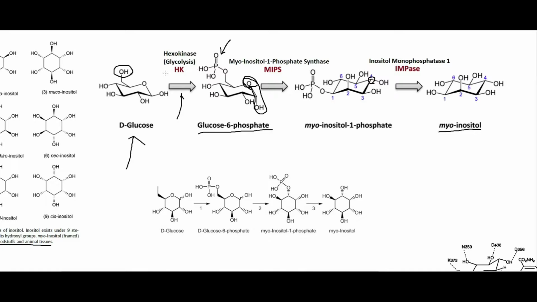And so this putting on and removing of phosphates, I'm not going to go through too much, but I do want to talk about this myo-inositol 1-phosphate synthase mechanism, because that one is a little bit more interesting, taking this oxygen out of the ring structure there. And so here on the left, I have this sort of overall mechanism.